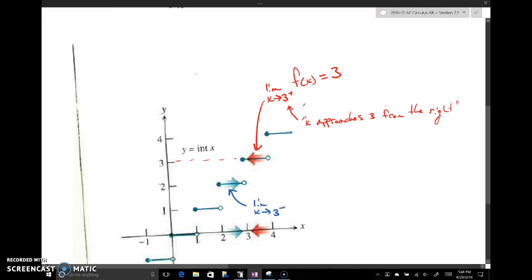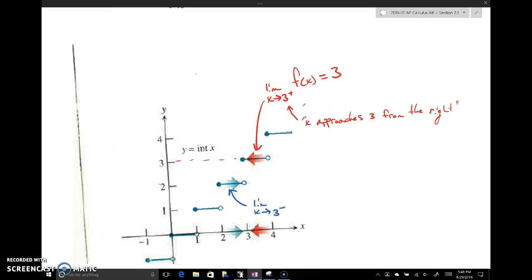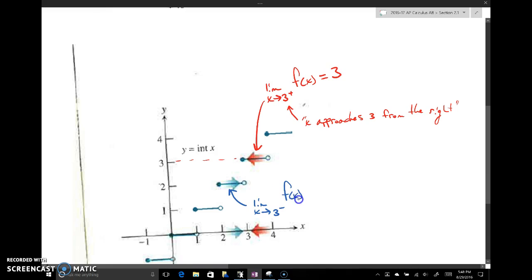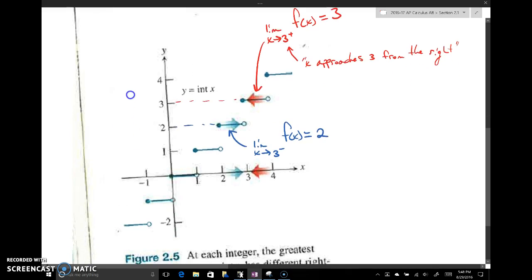So we put a little negative sign there. That's not -3. That's 3 from the left. f of x. And here it's equal to, if we look, it's approaching this other value 2. This is a step function, or the greatest integer function. And so we have a jump discontinuity here where the limit from one side is not approaching the same value as the limit from the other side.